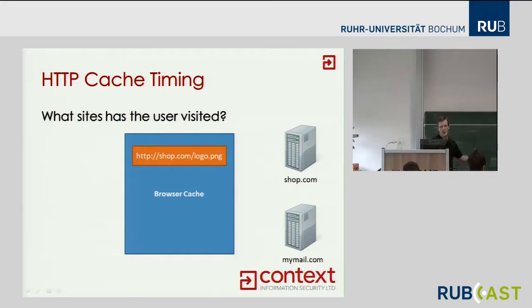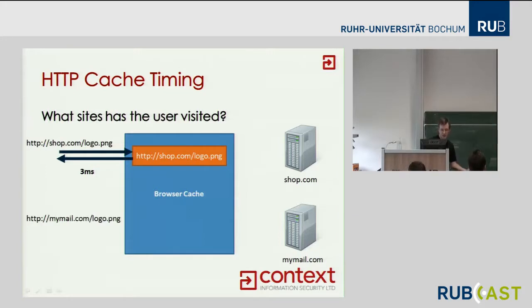So if an attacker wants to see if the user has visited some sites, they might pick a URL, perhaps an image, like the logo of the site, something that would definitely be in the user's cache if they had visited this site. So the attacker's website would make this request for the image, and if it's in the cache, obviously that request won't go to the server, it will come straight back from the browser's cache, and that'll be a very short amount of time.